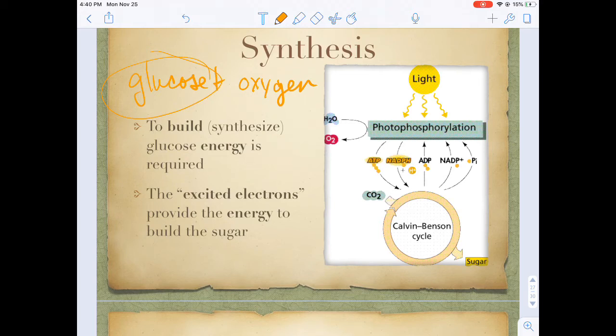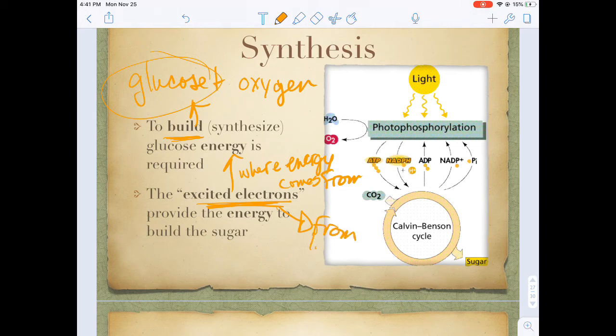So we're going to build this large molecule of glucose using the energy from these excited electrons. The excited electrons from the light are going to provide the energy we need to build this large molecule glucose and make the sugar.